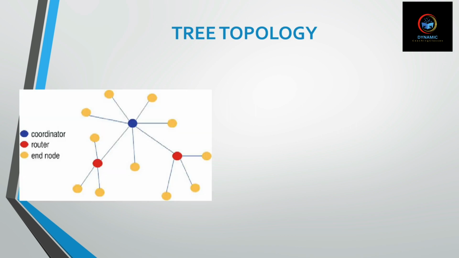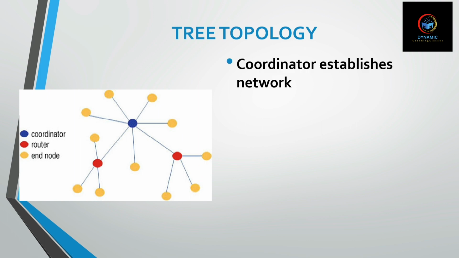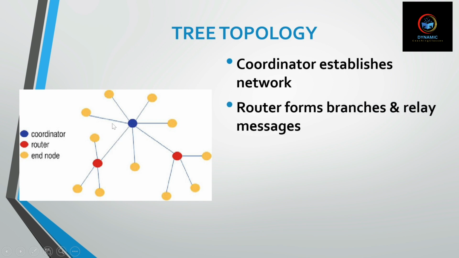So the next topology is the tree topology. Here you can see the diagram of the tree topology. There is one coordinator, there are two routers, and some end nodes, that is, end devices. Basically, in this topology, first the coordinator establishes the network. The routers generally form the branches and relay the message. Everyone knows that a tree has branches and leaves.